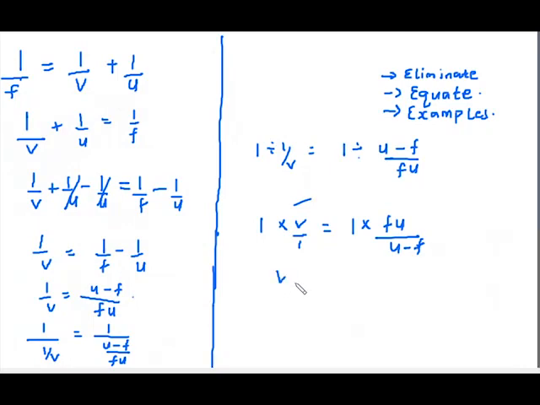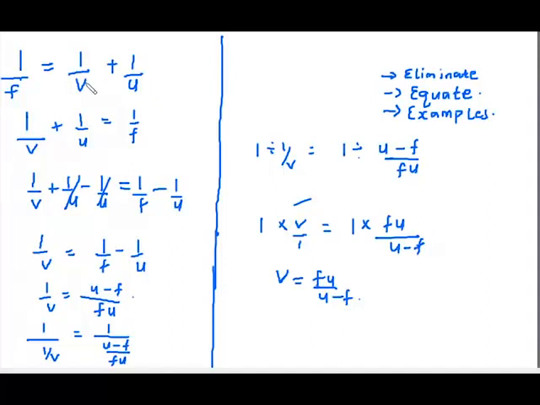So v is equal to fu over u minus f. So that's the value of v when you make v the subject of formula from this equation.